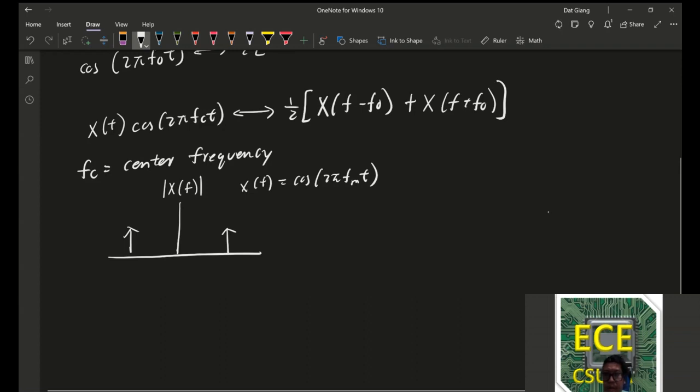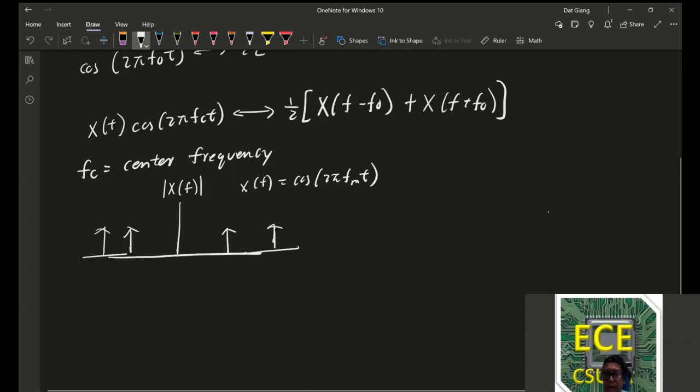So this means that we have fm plus fc, and then the negative version of this. Graphically, it looks something like this. So we have two signals represented in both the time and frequency domains.